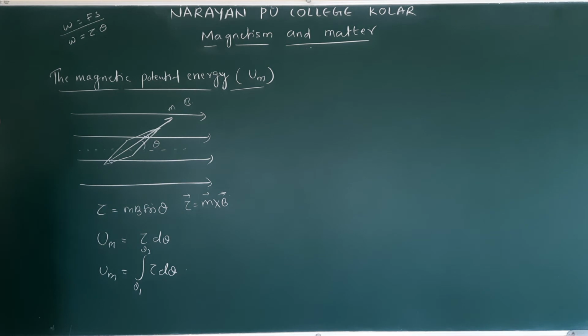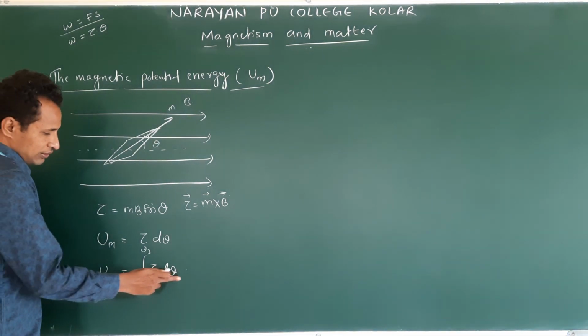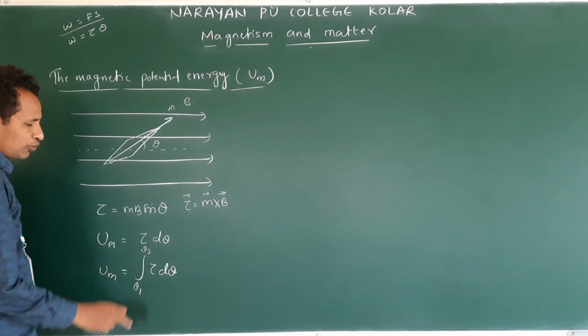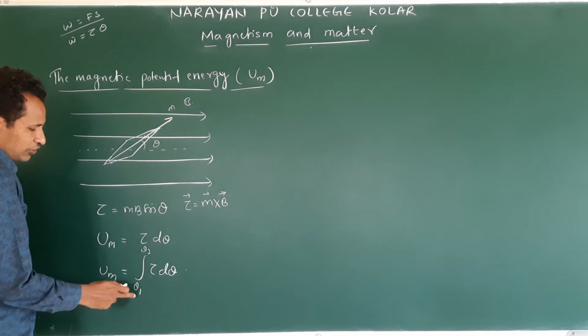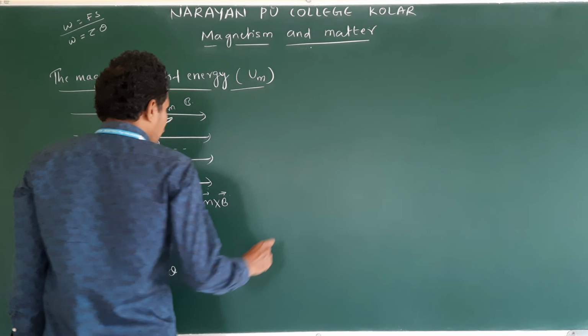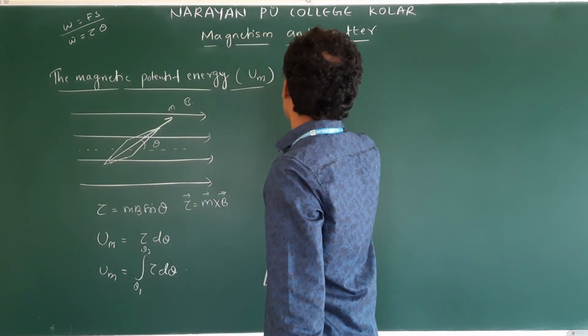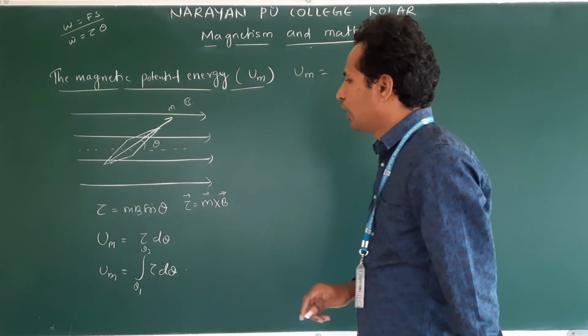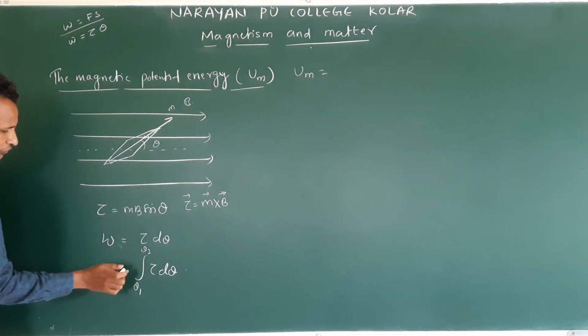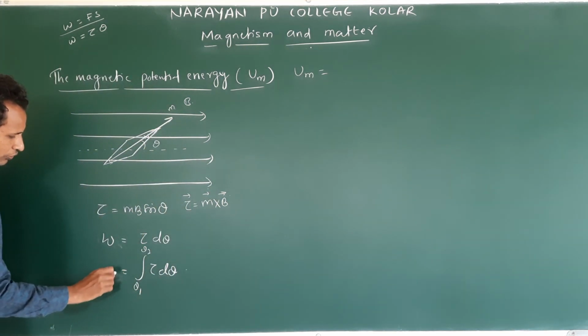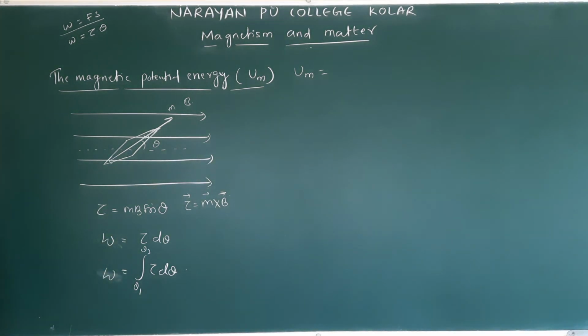Like that. So if we turn a small angle, then how do we write the formula? Tau d theta. This small angle changes from theta 1 to theta 2. Then this work done, you can take it as W, work done in rotatory motion.